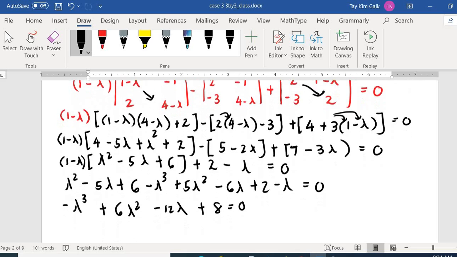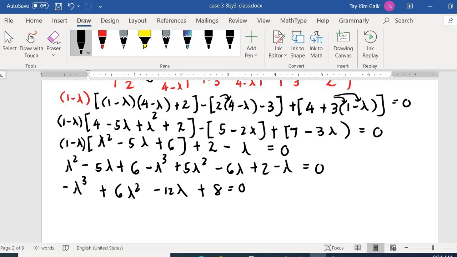And then I will make this one positive by multiplying both sides by negative. I got lambda cubed minus 6 lambda squared plus 12 lambda minus 8 equal to 0. And at this stage you may use your scientific calculator to get the roots.